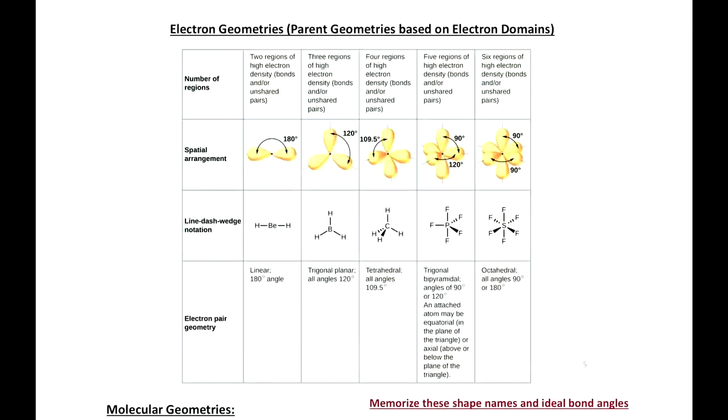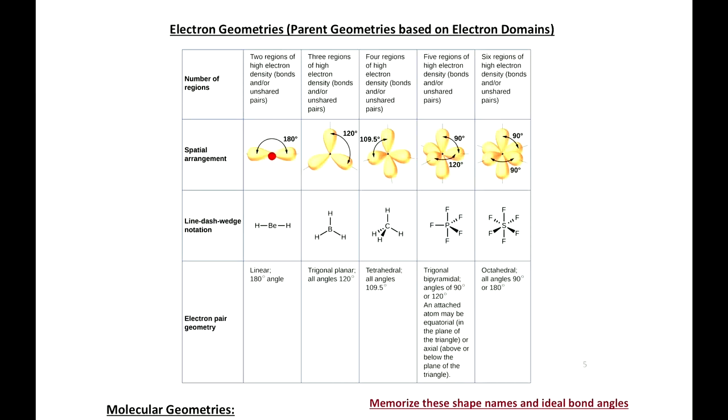So here are our electron geometries. Remember, depending on how many electron domains, and again remember to consider both bonds and lone pairs, we get these different shapes. I like to call these parent shapes where, again, electrons repel one another. They want to get as far away from one another as possible, and we get these different shapes.